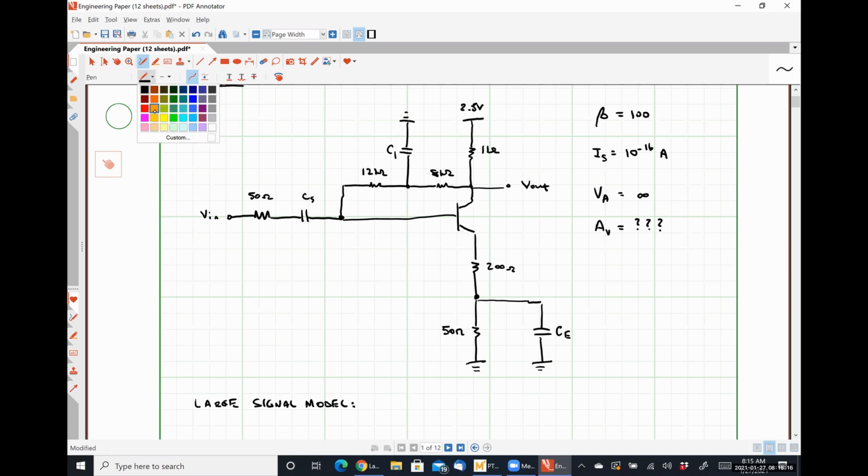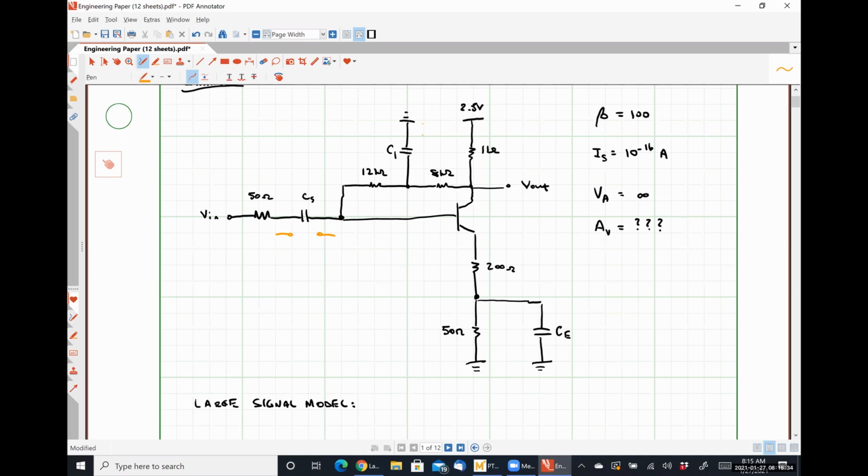If this guy right here becomes an open circuit, that's disconnecting that 50 ohm resistor from influencing the bias condition of this guy, right?